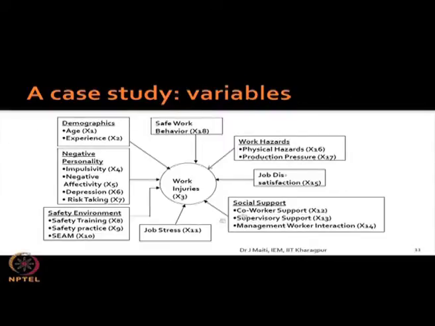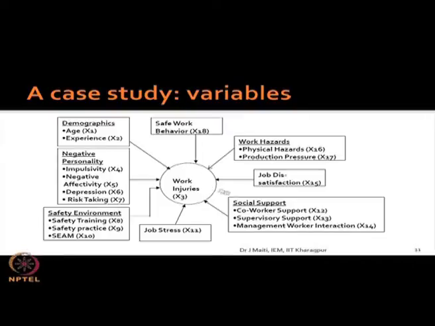Let us start like this: we have several manifest variables. Here there are 18 manifest variables, for example age, experience, impulsivity, negative affectivity, depression, risk taking, safety training, safety practice, safety equipment, availability of maintenance, job stress, like this. You may wonder why I am saying these are manifest variables, although most of these things cannot be observed.